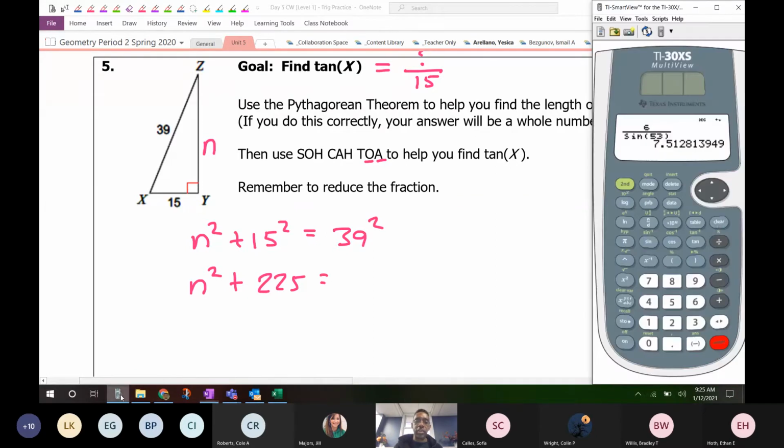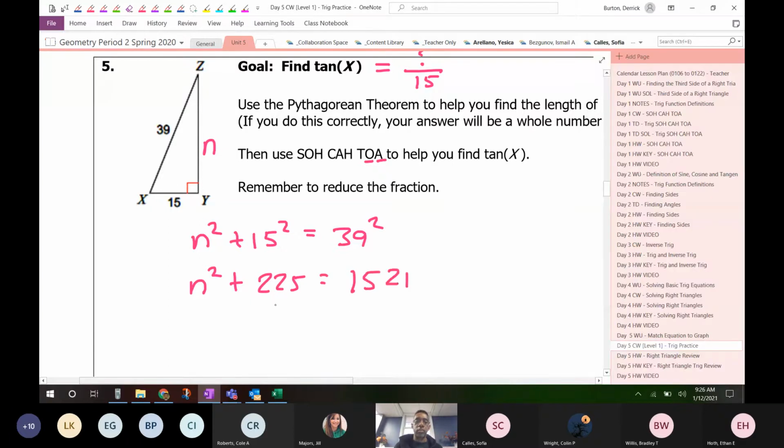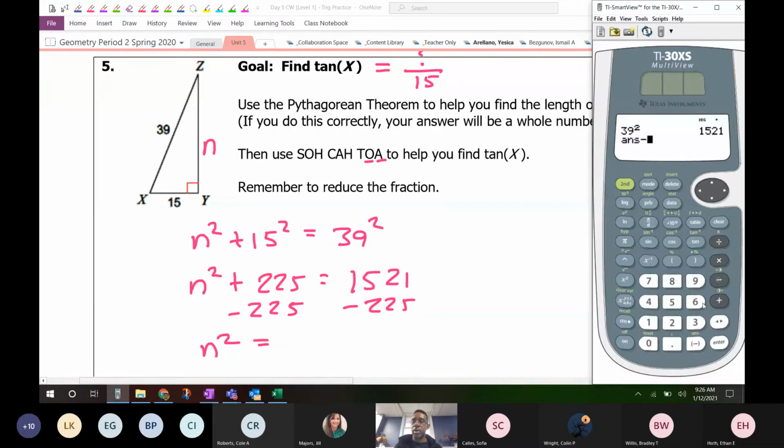All right, I don't know what 39 squared is, y'all. 1,521. All right, subtract 225 from both sides. Minus 225. So that's 1,296.